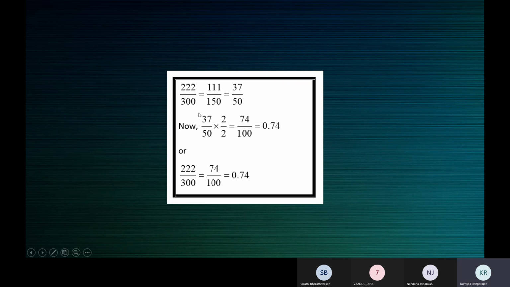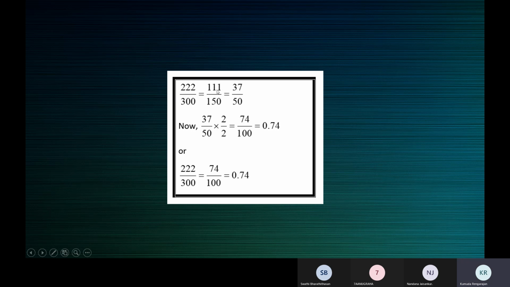If you can see, 2 plus 2, 4, 4 plus 2, 6. So 222 is divisible by 3 because the sum of the digits is divisible by 3.